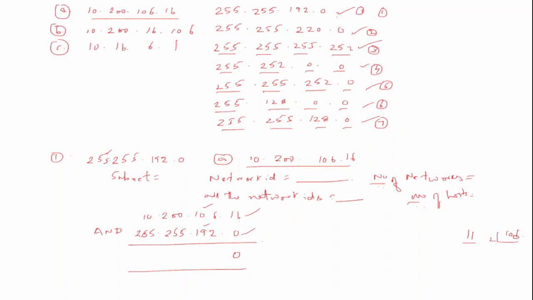To convert 106 to binary, divide by 2 repeatedly: remainders 0, 1, 0, 1, 0, 1, 1. So it is 1 1 0 1 0 1 0.